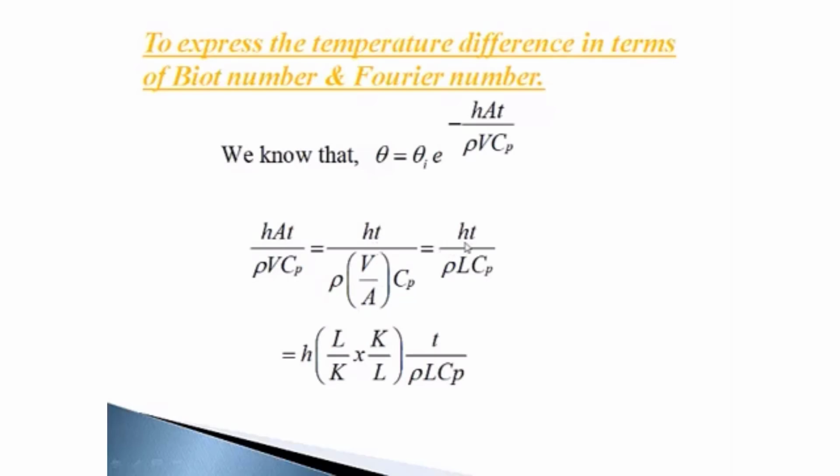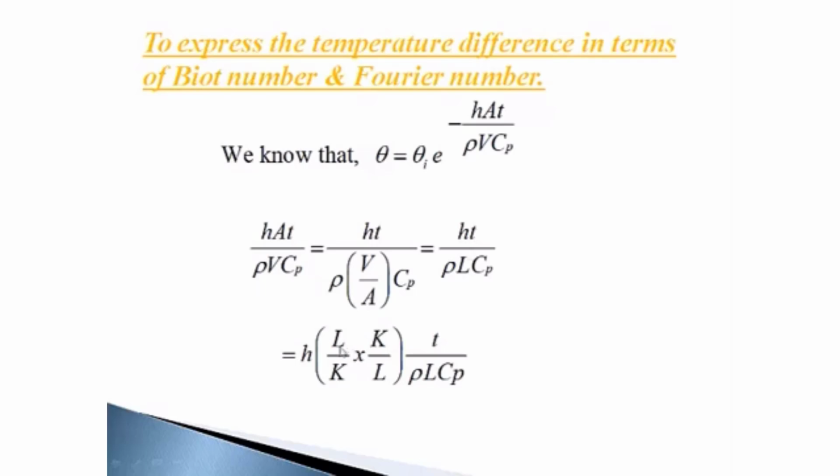So you get HT by rho V by A. V by A, volume divided by surface area, can be represented as characteristic length of the body. So you get the HAT by rho VCP as HT by rho LCP, where L is the characteristic length, which is given by volume divided by area.